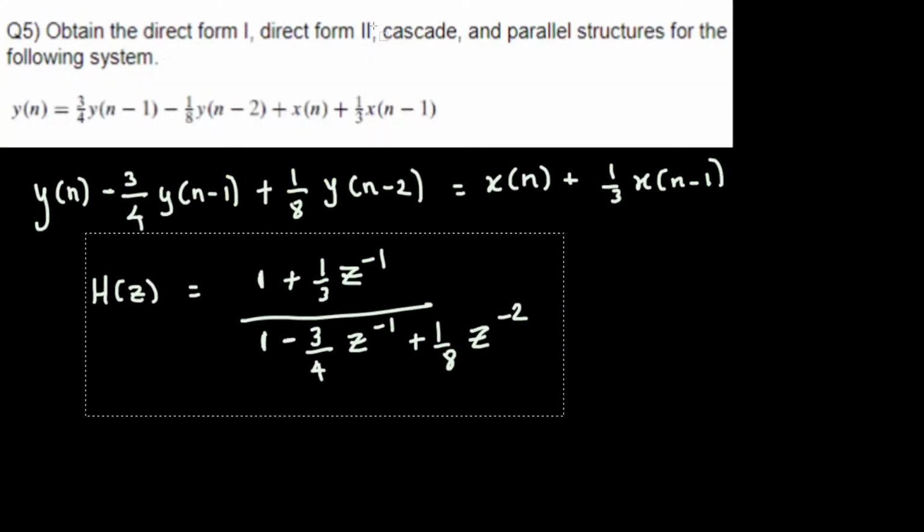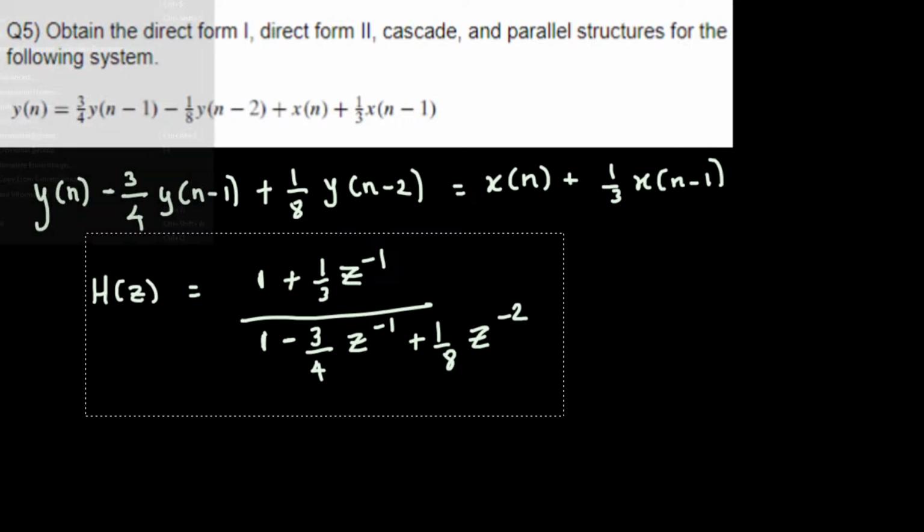So for the cascade and parallel, you have to follow the same thing. In order to draw the cascade and parallel, we need this equation, but we have to separate them. It's going to be a different way of separating for the cascade and parallel. Let's see one by one.